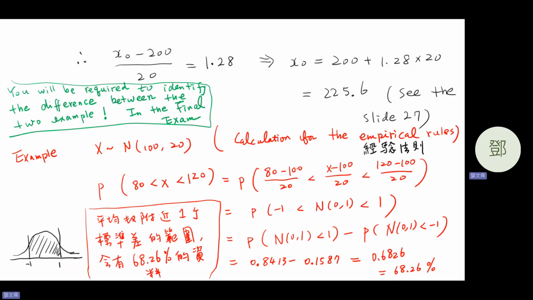We have to find the area between minus 1 and 1, not 80 and 120 anymore. The area is now available from the table, because in your table there is minus 1 something and 1 something. Understand? Okay. So please go to the table.